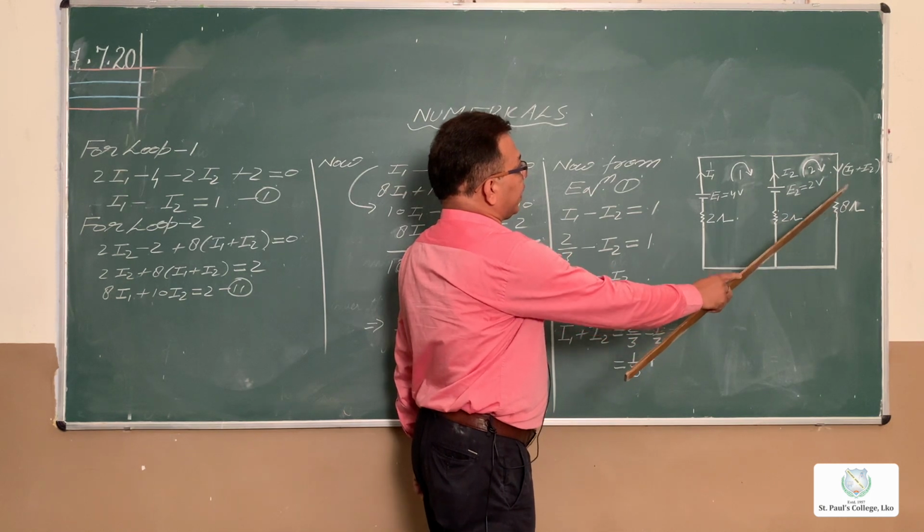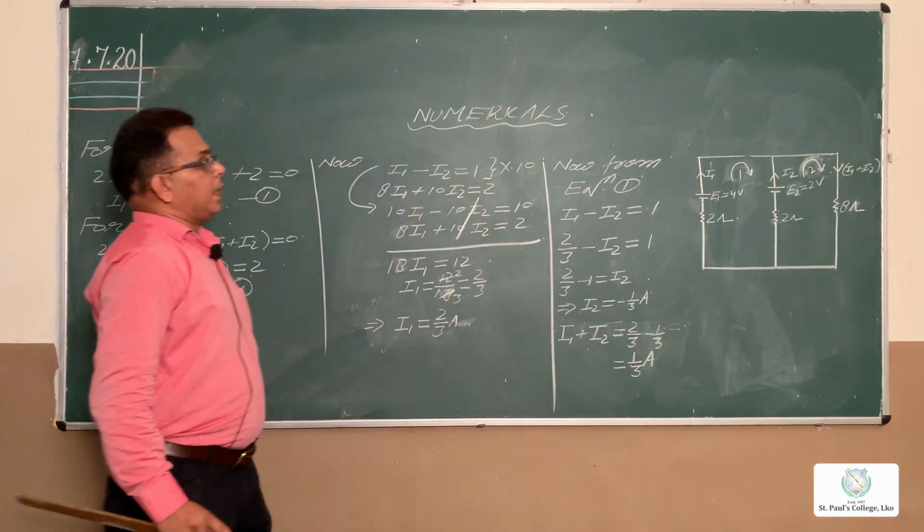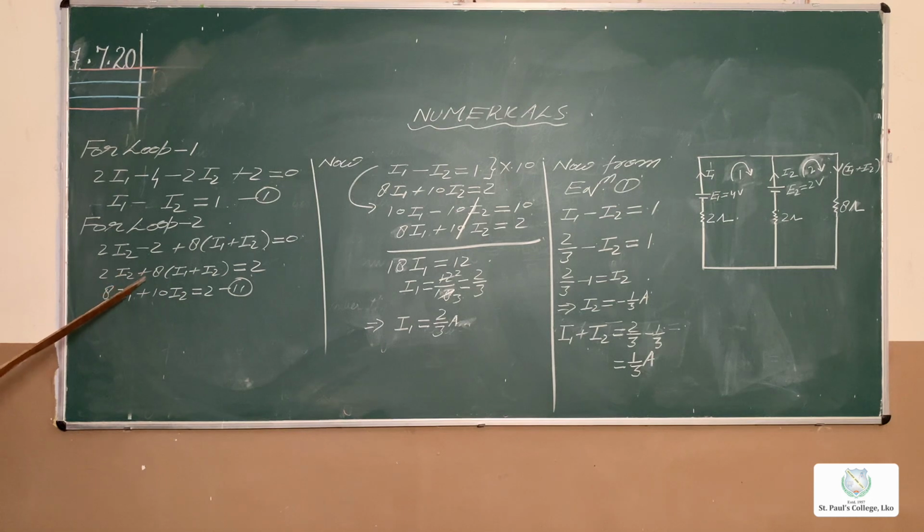It means you will write 8 times I1 plus I2, and that will be equal to 2. You will write 8I1 plus 10I2 is equal to 2. How will you solve this part? You will split this bracket and write 8I1 plus 8I2 plus 2I2, that will be 10I2, and that will be equal to 2.